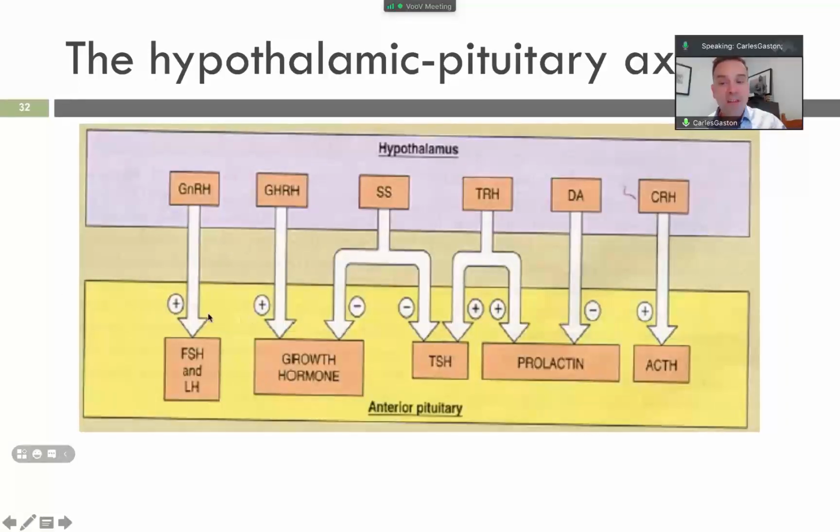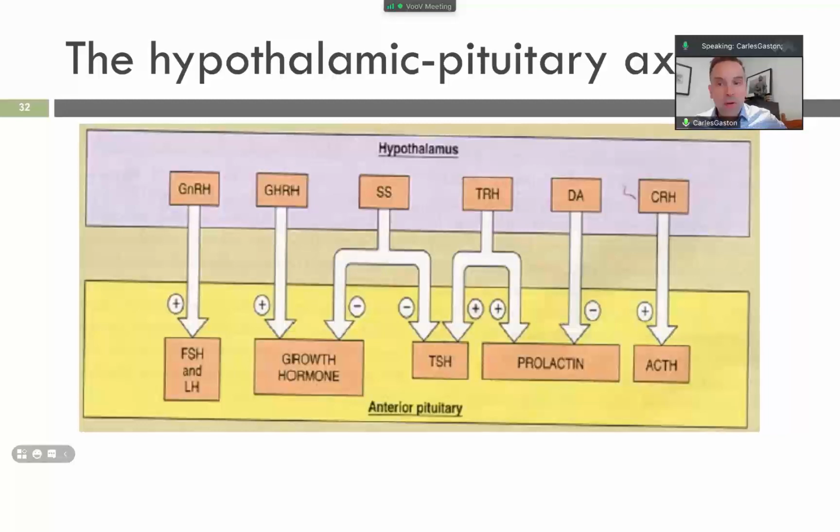In this very brief schematic, you can see the action of each neuropeptide or releasing hormone on the cell type that it activates. It can have two different functions: either activating, or suppressing, an inhibitory role.